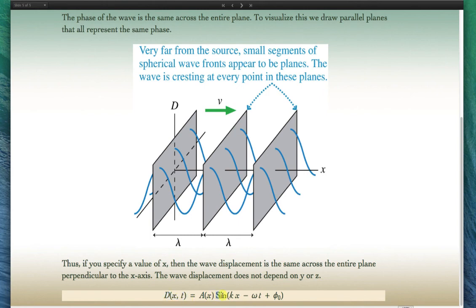And again, it's a sine function, and we'll assume the wave is moving to the right in the positive x direction, so we'll put a kx minus omega t, and we have a phase constant there. But again, the amplitude could be changing.